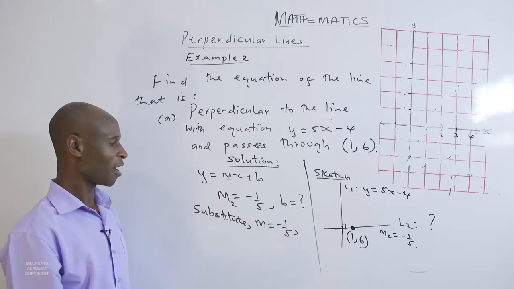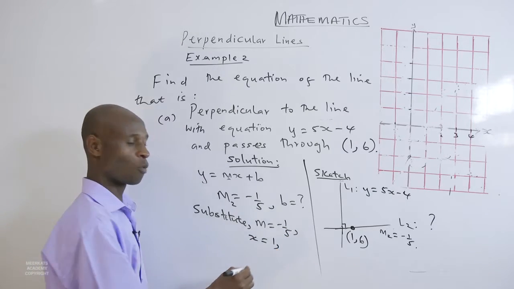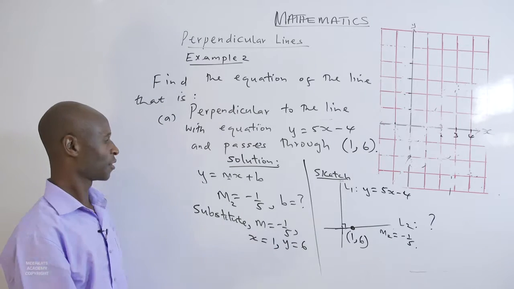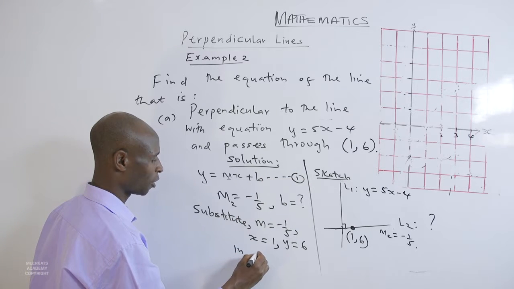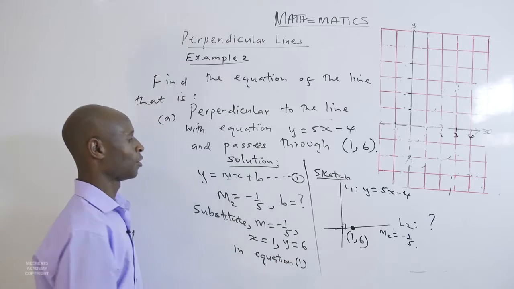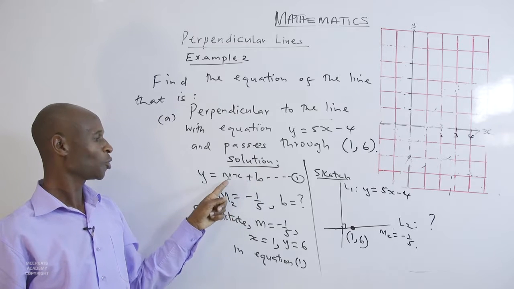Substitute m is -1 over 5, x is equal to 1, y is equal to 6 in equation 1. So equation 1 is y is equal to mx plus b. So we are going to carry out substitution.